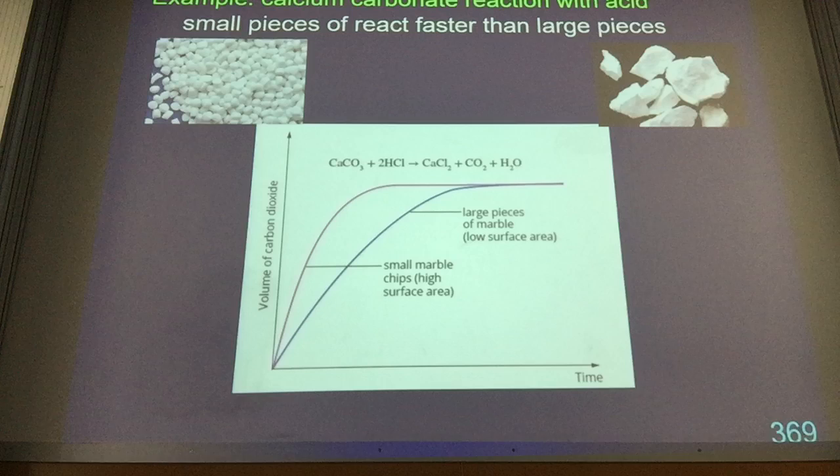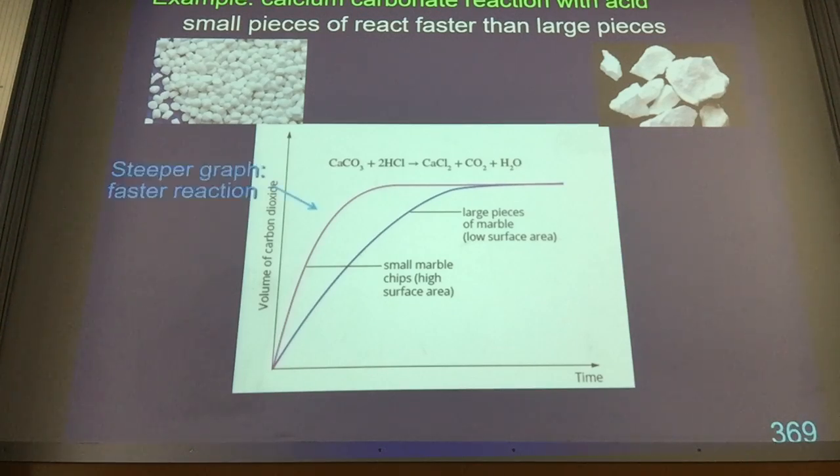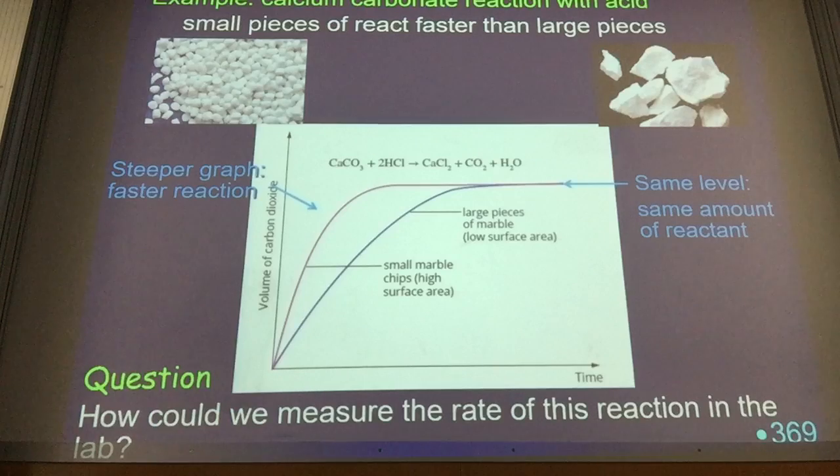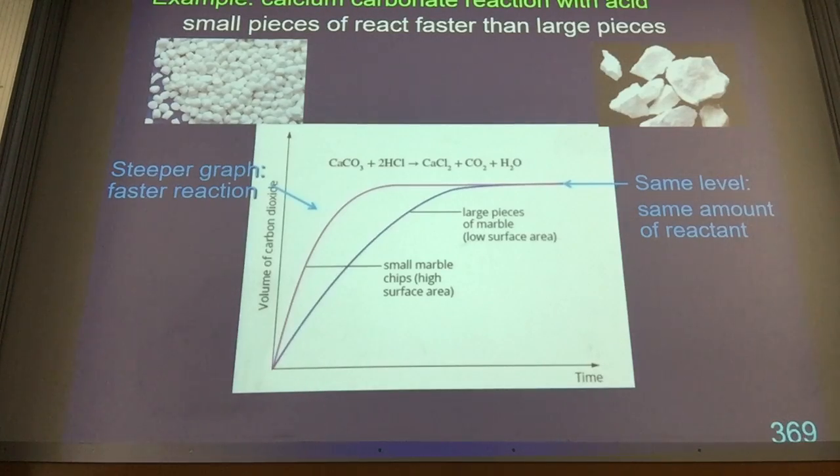That's as you would expect in this scenario, but it's always something we need to just be aware of. So the two things you get out of one of these graphs, and this is a classic example of smaller particle size, faster rate of reaction.